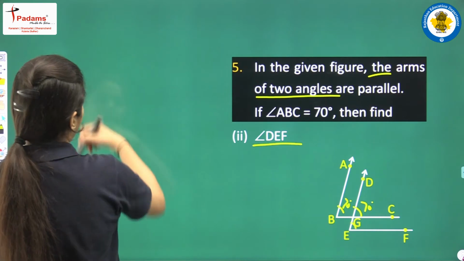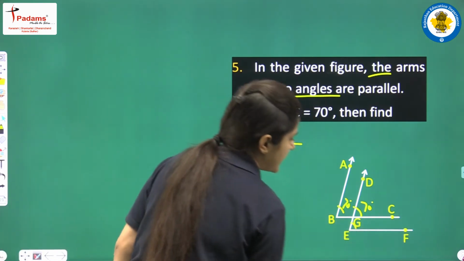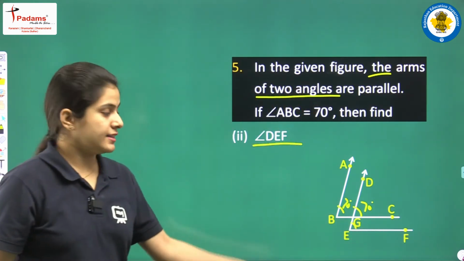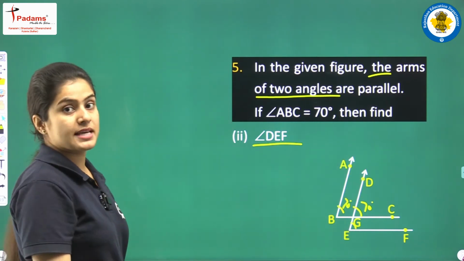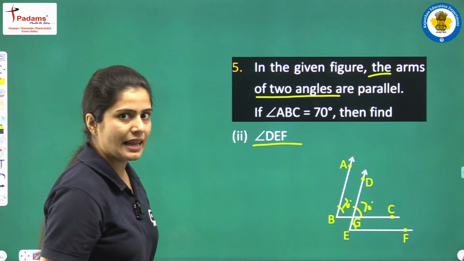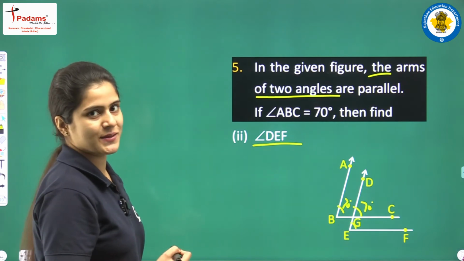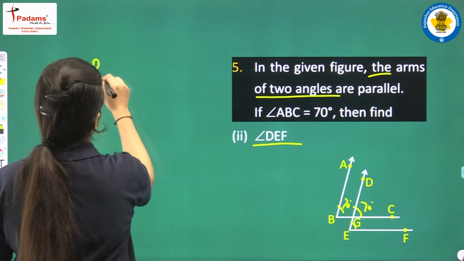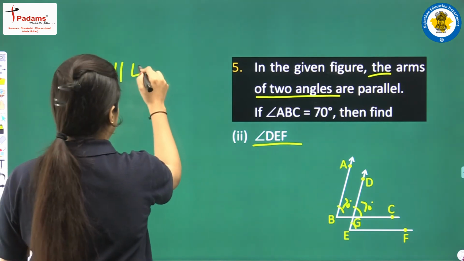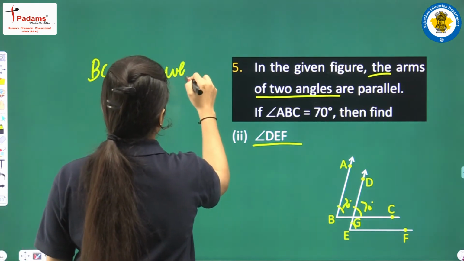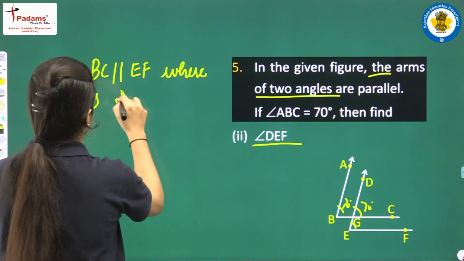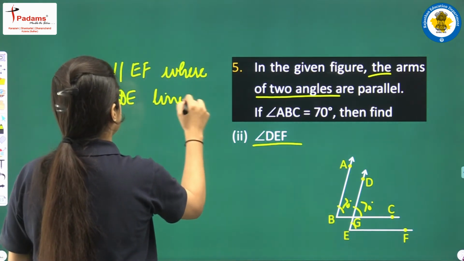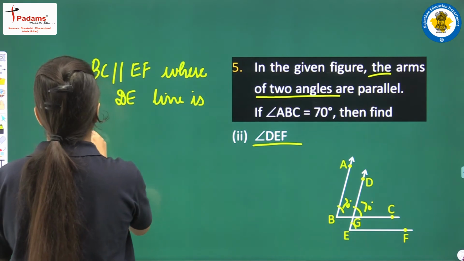So basically now we can say that this BC line and this line EF, these two lines are parallel and DG is the transversal because DG is cutting these two parallel lines at two different points. Okay, students. So line BC is parallel to EF, whereas DE line is the transversal.